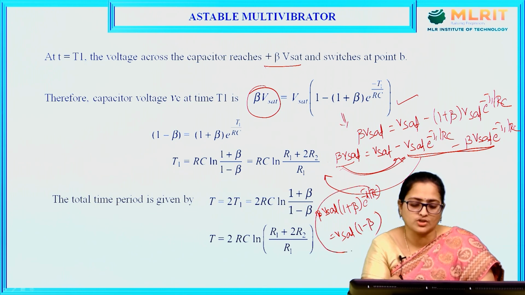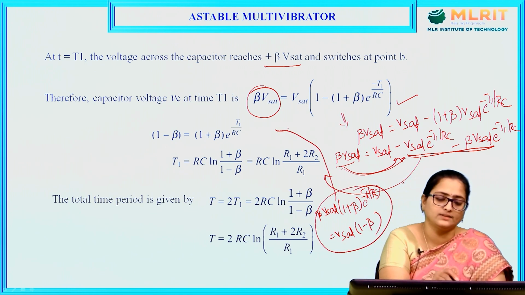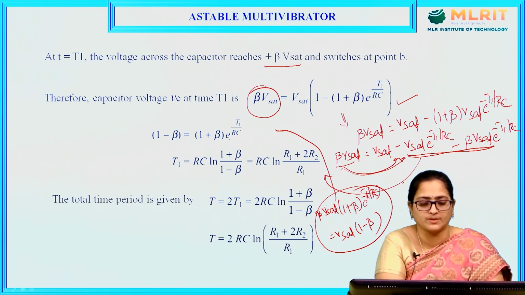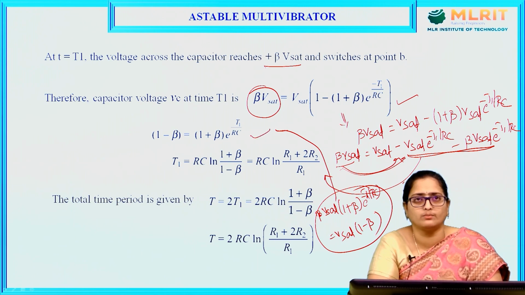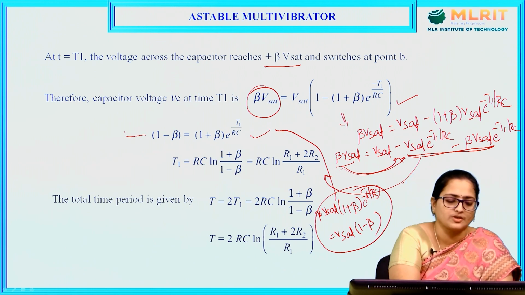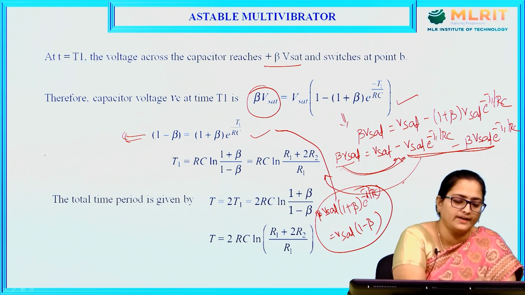So, this equation can be written as 1 minus beta is equal to 1 plus beta e power minus T1 by RC.